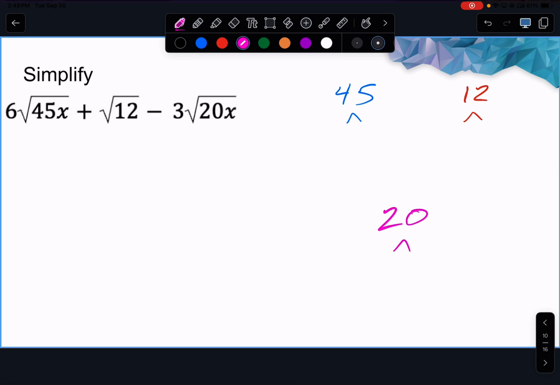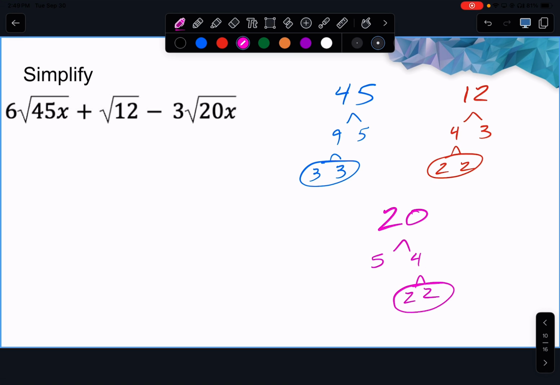We're going to break 20 apart. Okay, so if we break those apart, we find out that each one of these does have a root within it.